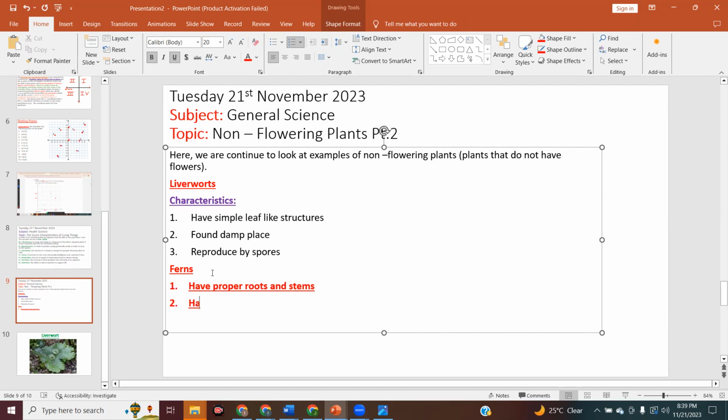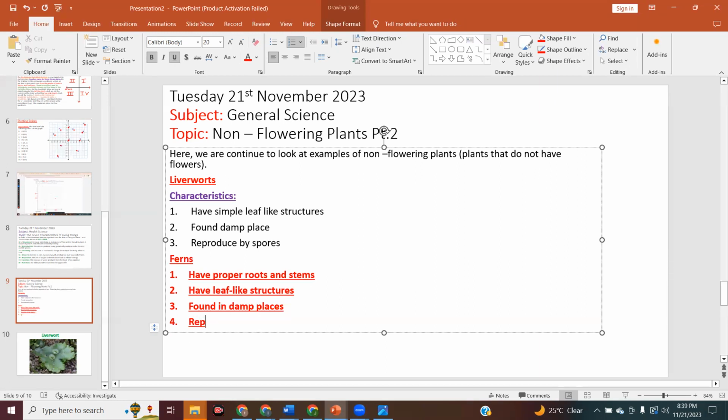They have leaf-like structures, so they have leaves. They are found in damp places, and they reproduce by spores. So that's the fern.